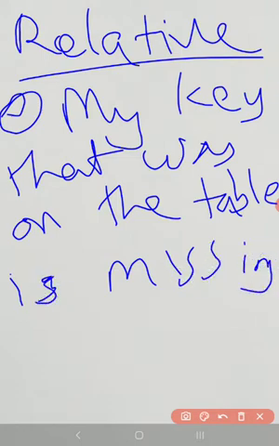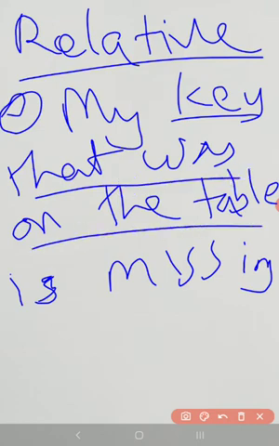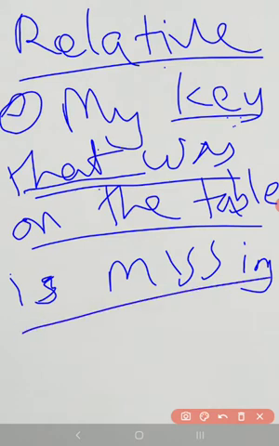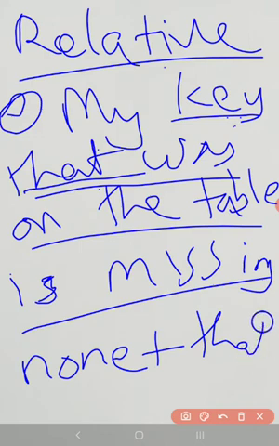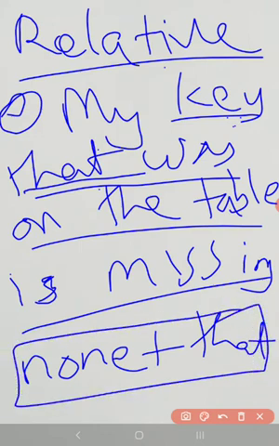Yes, my key that was on the table is missing. So here that was on the table actually describes my key. Where was my key? My key was on the table. So this one describes the noun, and therefore it's a relative clause. So a relative clause, as I told you, always comes after noun plus that. If you see noun plus that, then that's a relative clause.